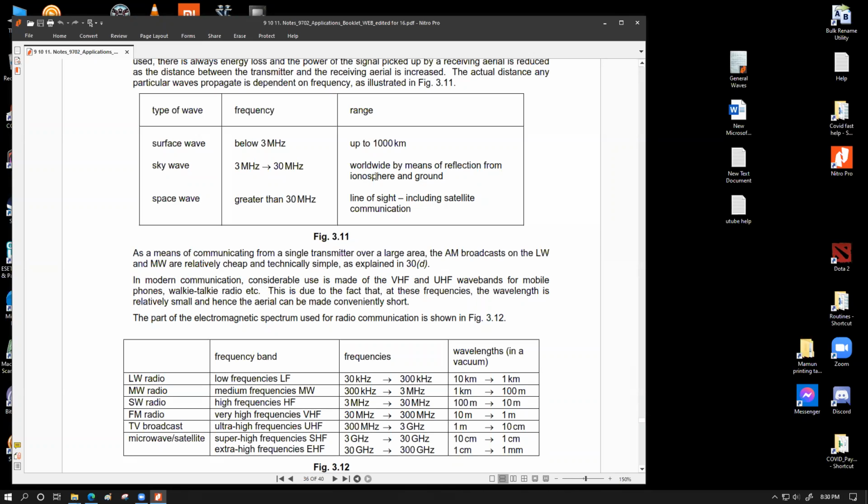This would require a significant amount of time because the signal has to travel all the way to the ionosphere, then reflect back to the ground. So the physical distance covered, even though it's an electromagnetic wave, is actually quite large. So it would take a significant amount of time for us to achieve that.